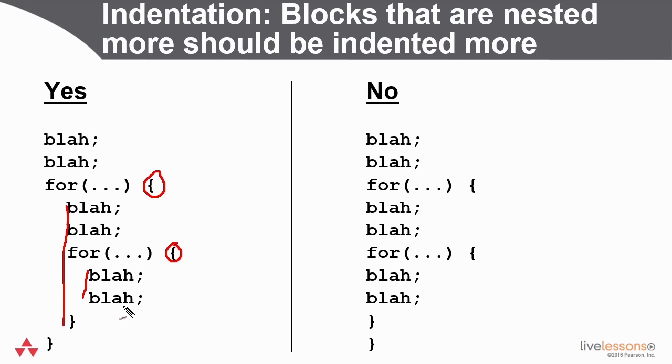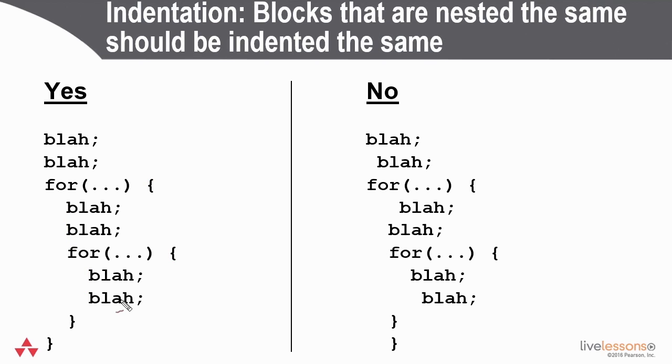So it's critical. It's almost considered required that if you start a block, like a for loop or an if statement, that you indent. So the first rule is, if you start a block, always indent. The second related rule is never change your indentation except when you're changing your nesting level.